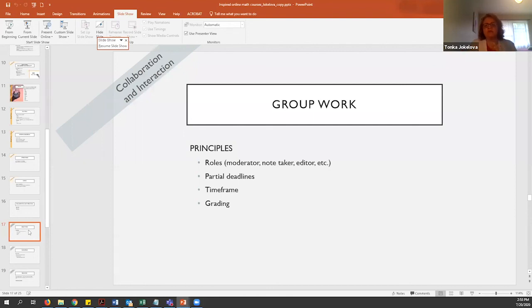So if you have very structured rules and guidelines when it comes to group work, especially in online environments, it will be very helpful to you. What is also helpful is if your groups have different roles. You can select who is going to be in what role, or they can self-select in groups.